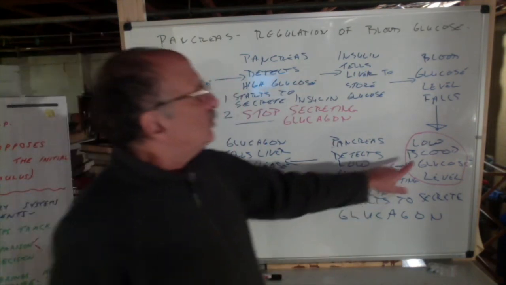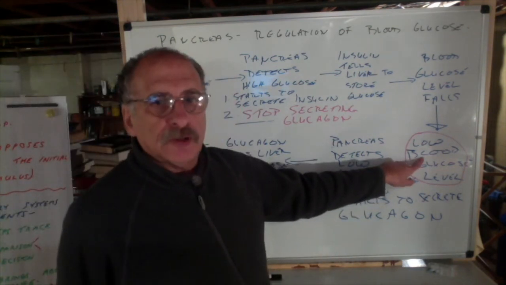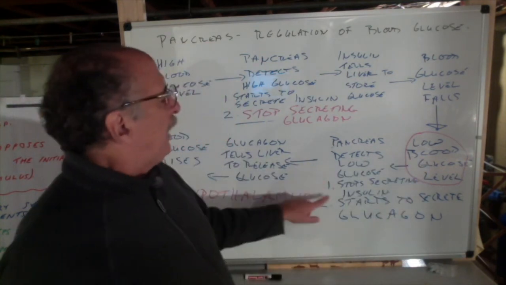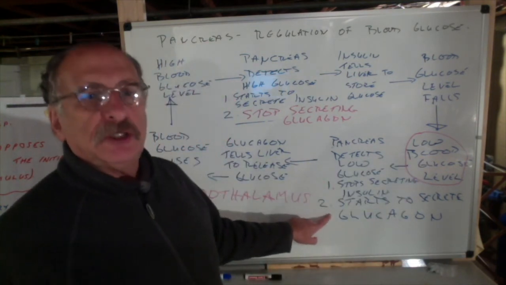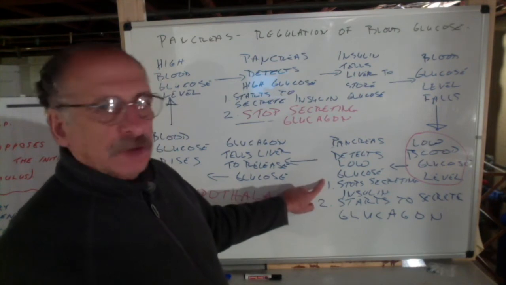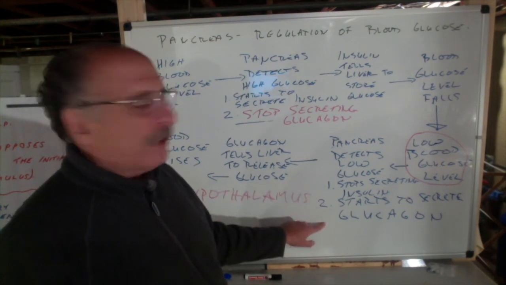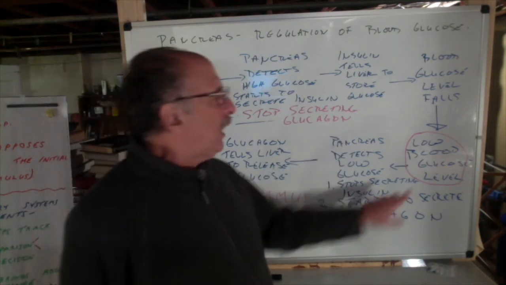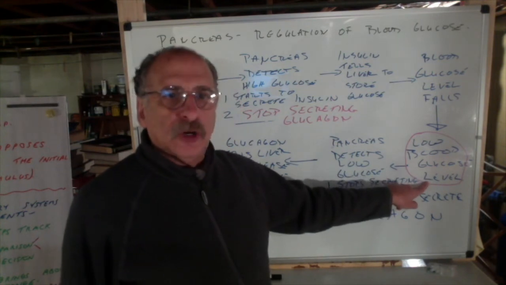So the first response to a low blood glucose level is that the pancreas starts to secrete glucagon. It stops secreting insulin, it starts secreting glucagon. That is a response to a low blood glucose level.